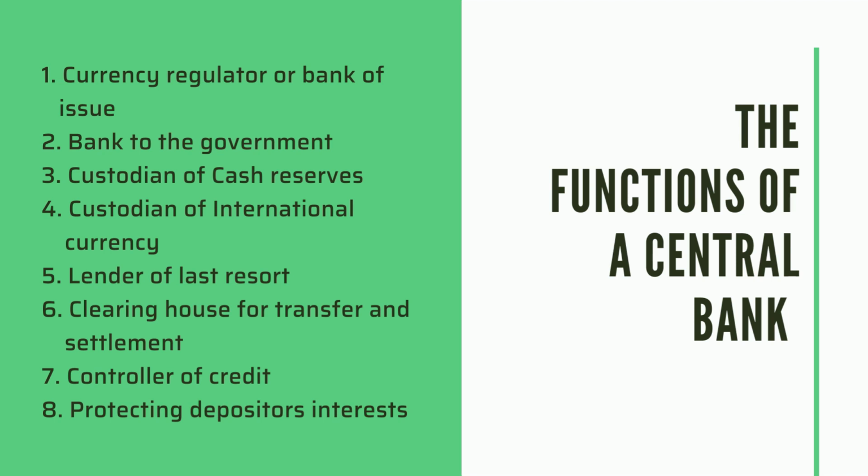The fifth is lender of last resort. In times of cash shortage, the central bank serves as a lender of last resort, giving funds to its member banks. It carries out this job by issuing loans secured by securities, treasury bills, and rediscounting bills.